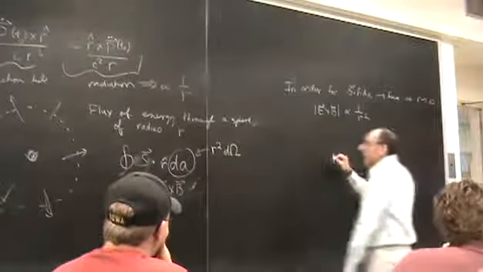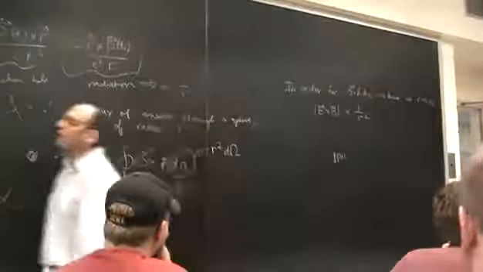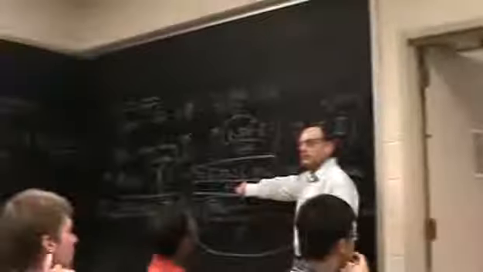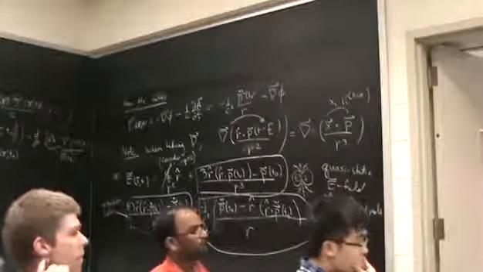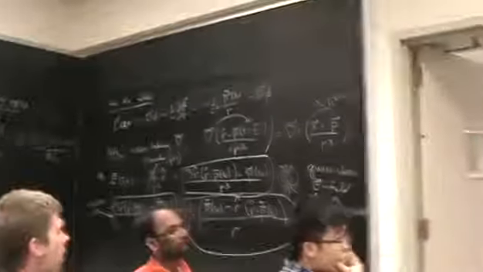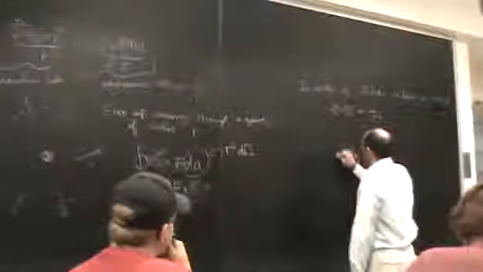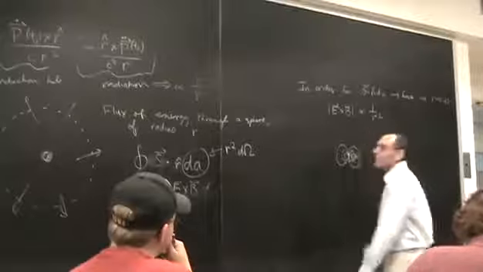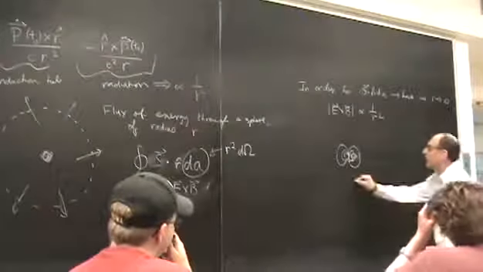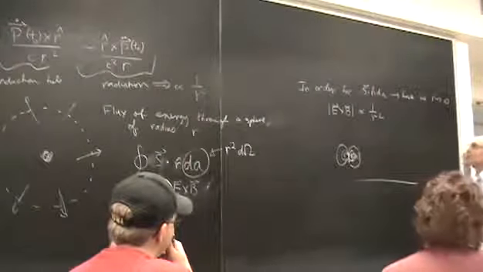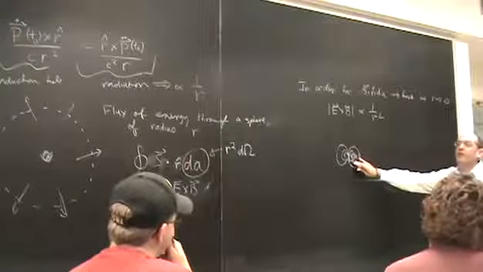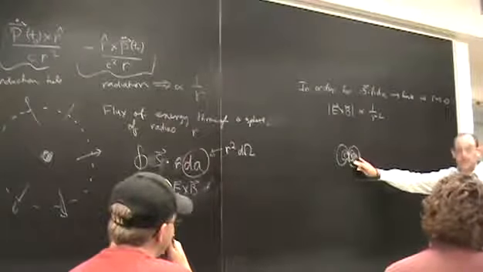Well, nearby, when r is small, this term dominates, right? So we have this kind of electric dipole. If we're far enough away from the source, that this thing falls off like 1 over r cubed, it's tiny.